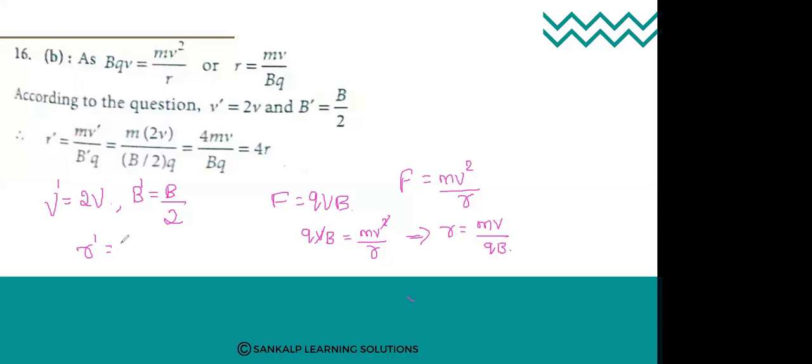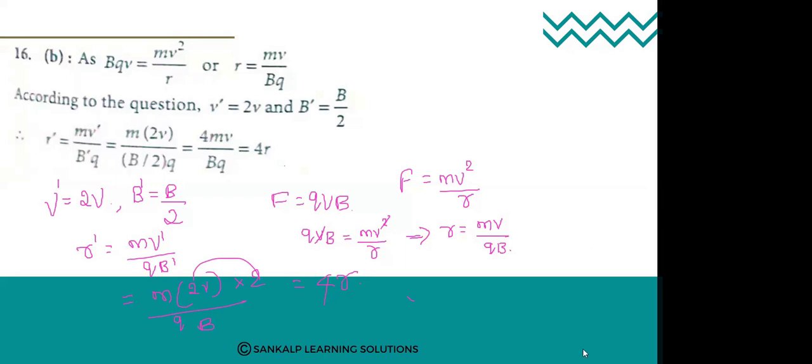So new radius will be m v dash upon q b dash, which is equal to m into v dash is 2 into v upon q into b dash will be b by 2, or it is 2 divided by b by 2. So which means that it is 4 times. So 4 times of the original radius.